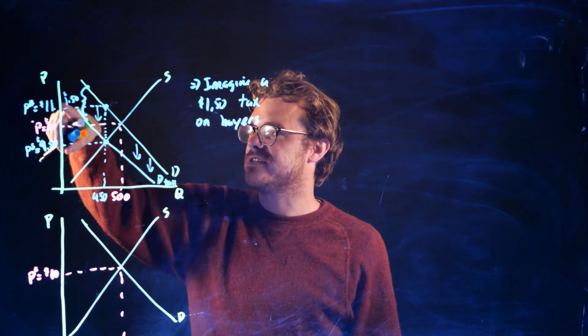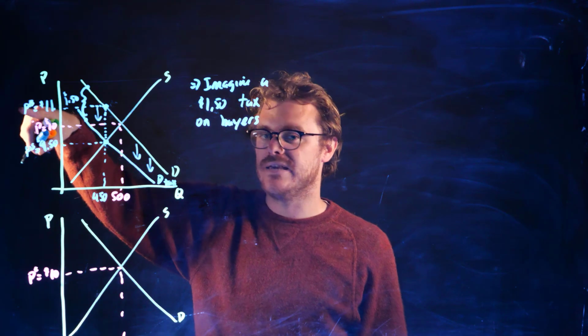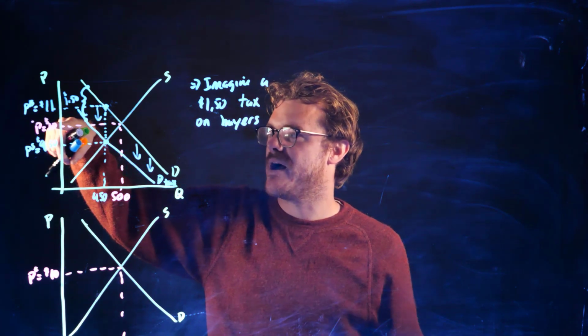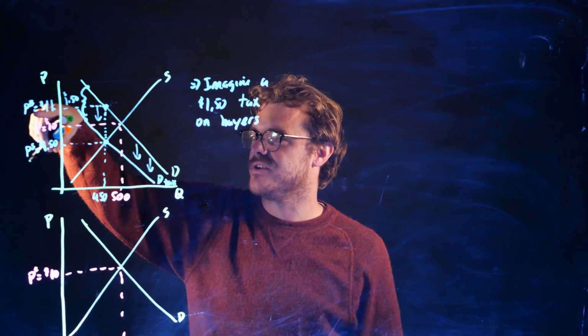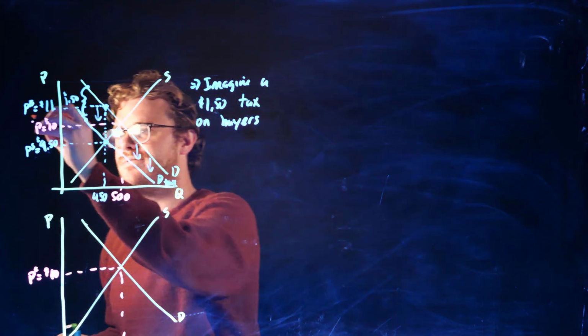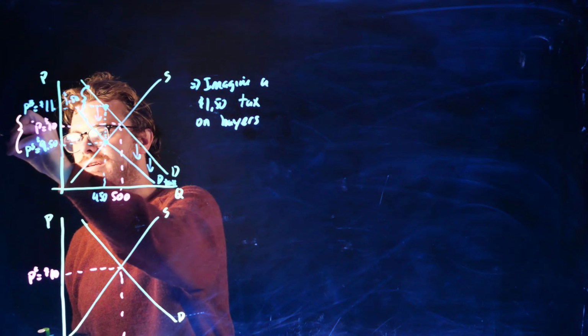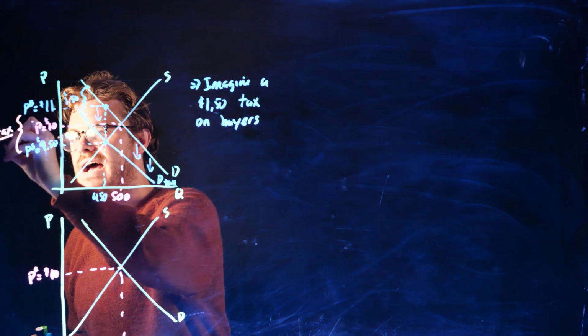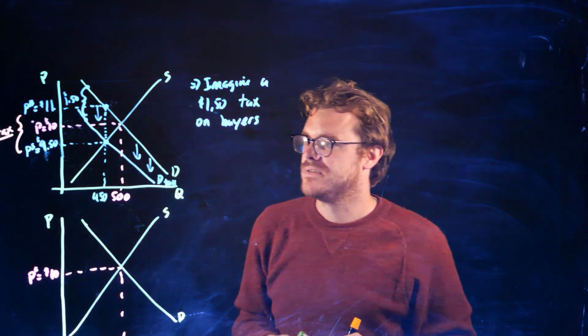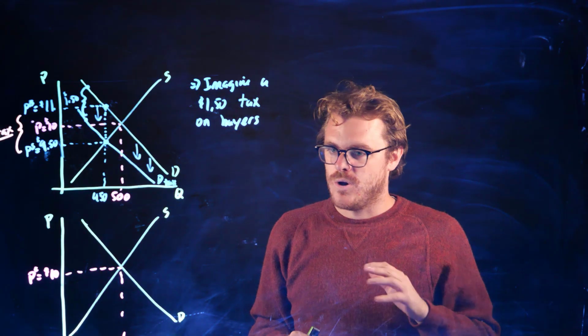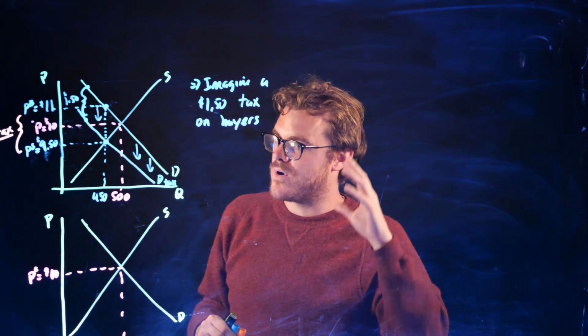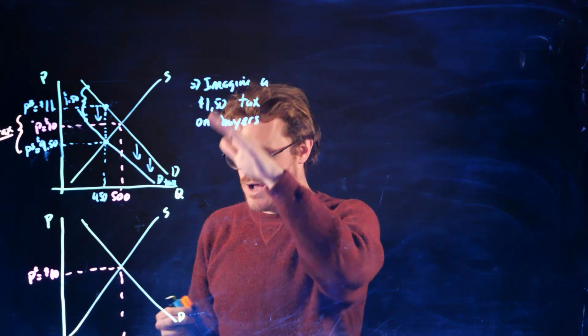And so their effective price, which we're labeling PB for buyer's price, or price for buyers, is $11. So notice the difference between these two is the size of the tax. Okay, so that's how it works if we put a tax on buyers.